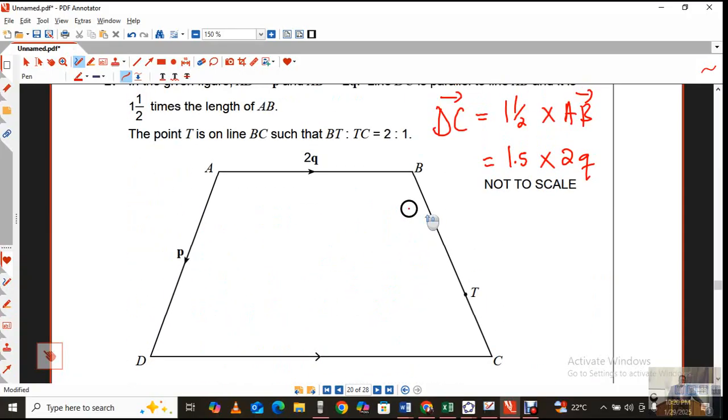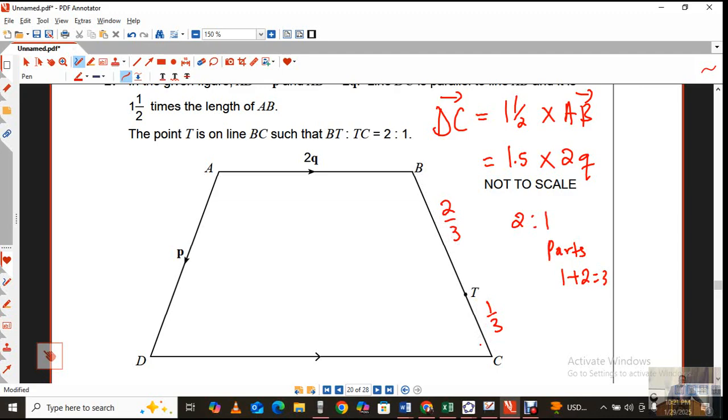Now here's the thing. We are now told that point T is on the line BC such that BT to TC is 2:1. So if it's 2:1, the ratios consist of how many parts? The parts is 3. So this one occupies 2 out of the 3, and this one occupies 1/3.